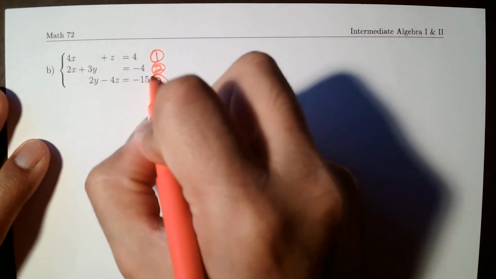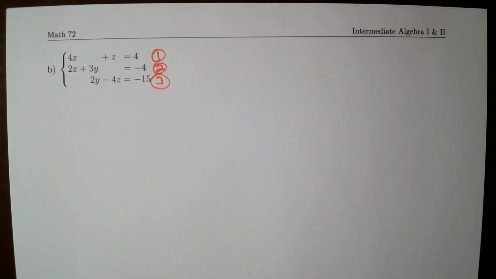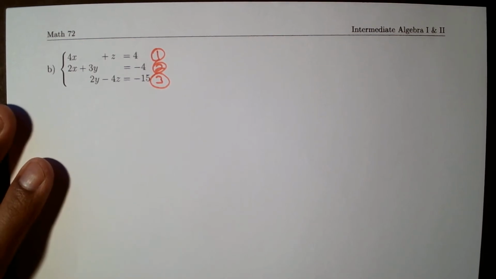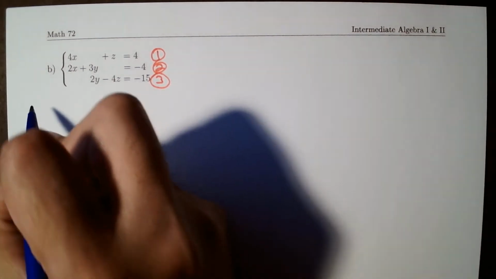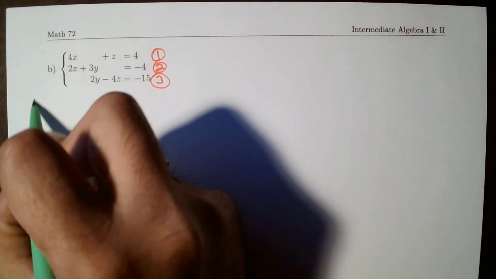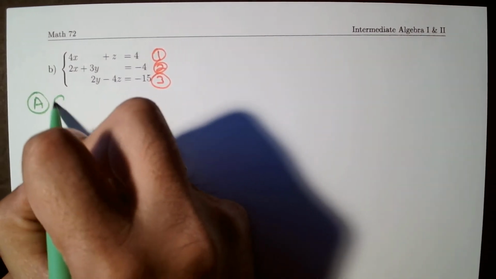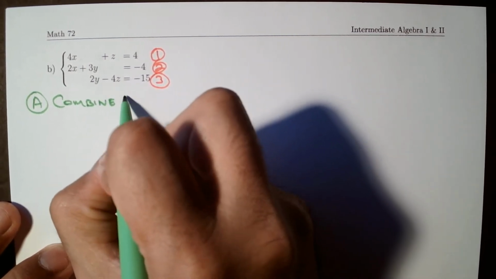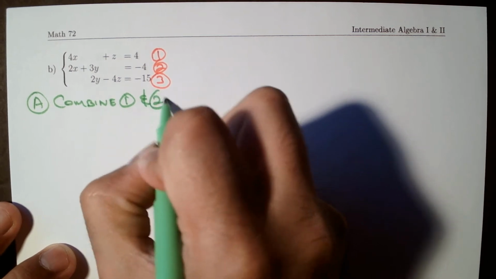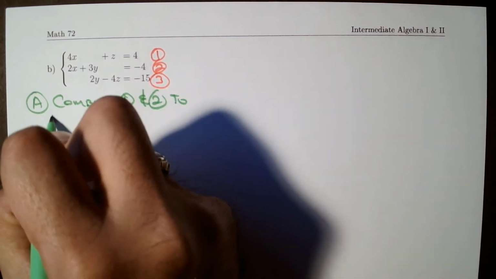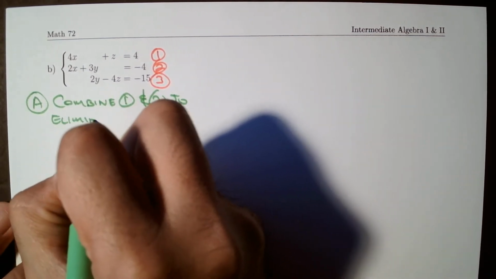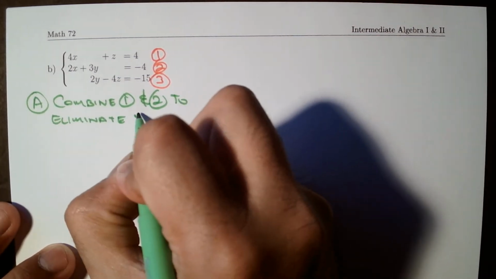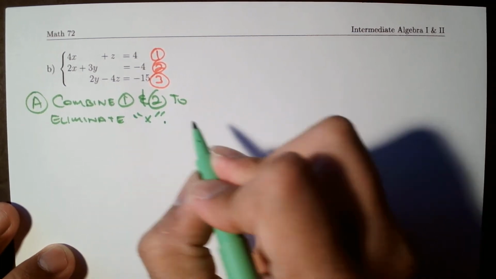Label the equations. For this kind of system, the amount of work is going to be less than the one that we just did. So letter A, combine 1 and 2 to eliminate again. We are going to eliminate these variables in alphabetic order. Okay, don't forget that part.